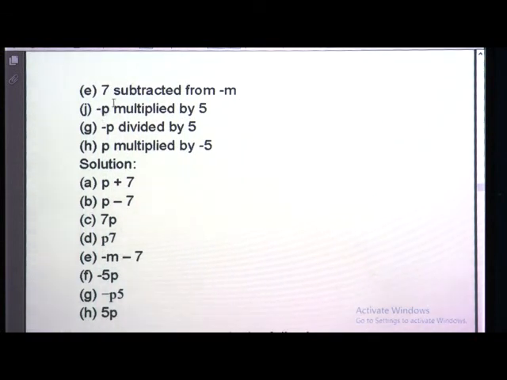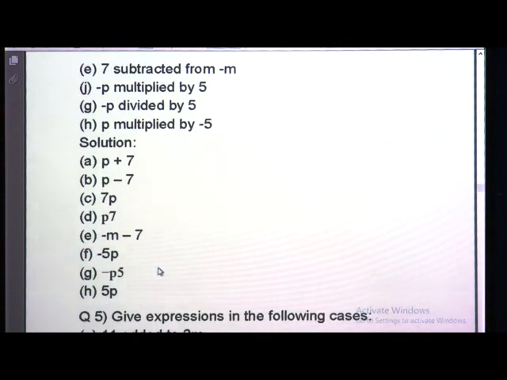Next, 7 subtracted from minus m. So minus m minus 7. Minus p multiplied by 5, minus 5p. Then minus p divided by 5. So minus p by 5, and p multiplied by minus 5, that is minus 5p. Okay.